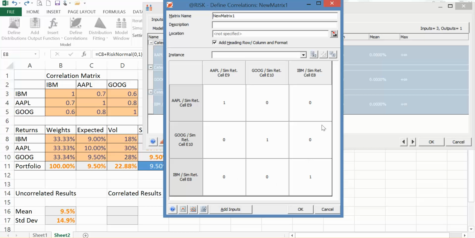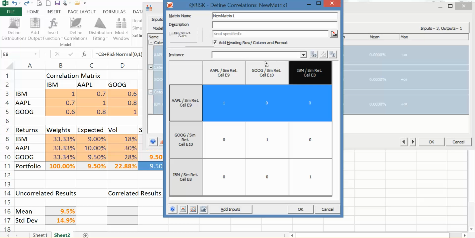This is my blank, empty correlation matrix. I then need to make sure it looks like this correlation matrix. This one's alphabetical, so I need IBM, Apple, and Goog. It has Apple, Goog, and IBM. So I'm going to grab IBM's column and move it over here. So now it's IBM, Apple, Goog, just like this one, IBM, Apple, Goog.